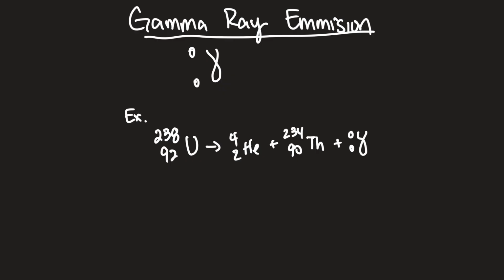With gamma ray emission, you typically find this symbol letting you know that we have a very high energy photon being released. But as I said, it doesn't affect the mass at all, because both the mass number and the atomic number of this photon are zero. But oftentimes you will see this accompany some other type of radioactive decay.